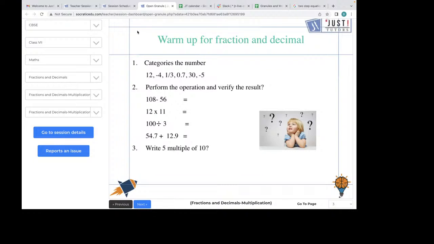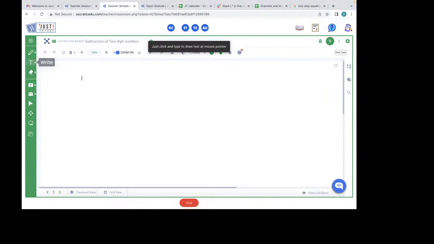So what are 5 multiples of 10? That is quite easy. It can be 10. Next one is 20, 30, 40, and 50. This is quite easy, and you can also go on.